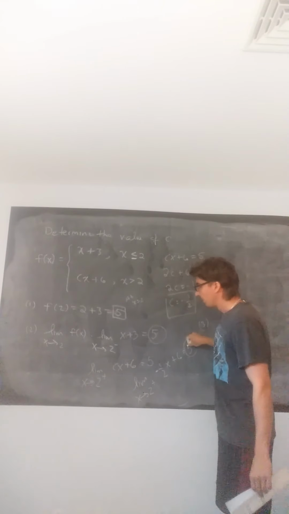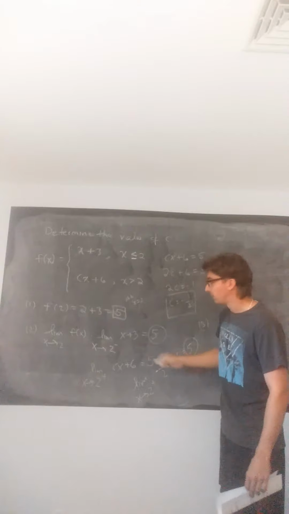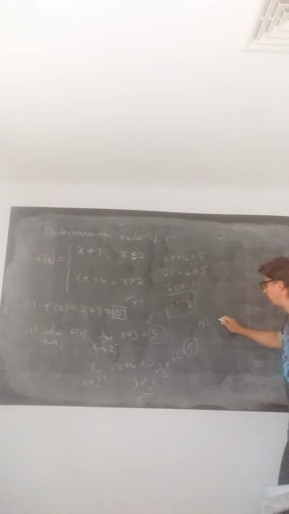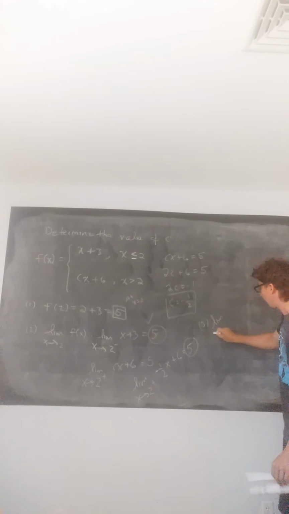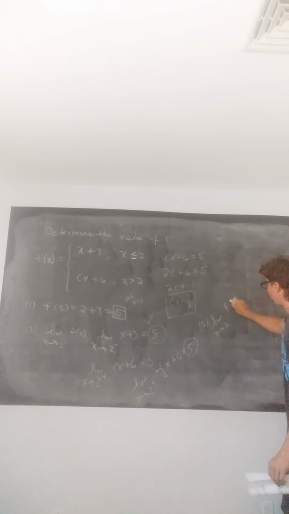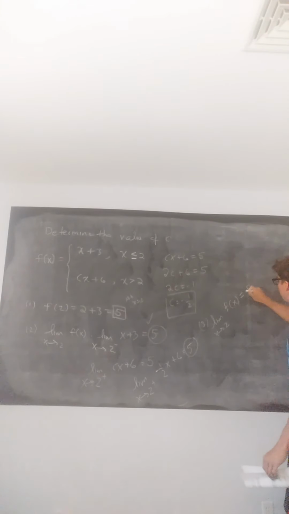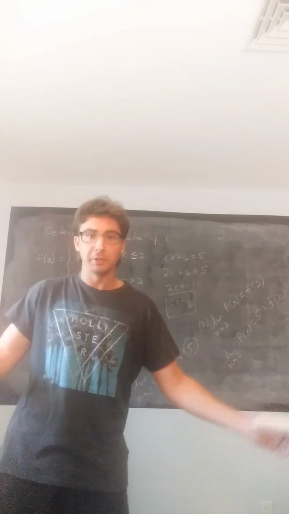See, 5 and 5, left and right, that means the limit exists, so we're good there. And the last condition is, well, the limit as x approaches 2 of f of x must be equal to f of c, or f of 2. And that happens because the limit as x approaches 2 of f of x is 5, which is equal to the value of the function evaluated at 2, and you're done.